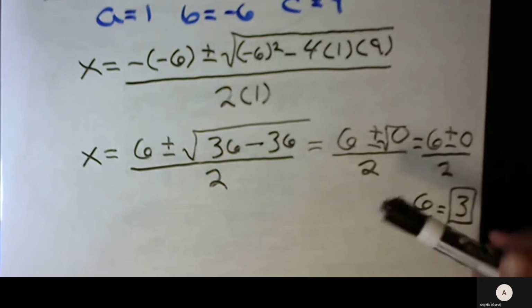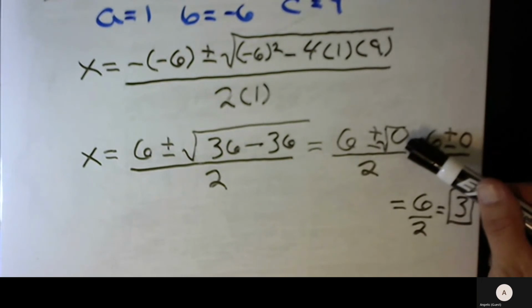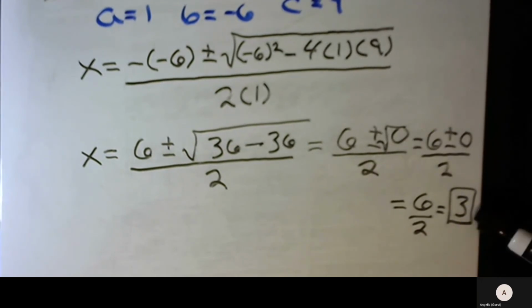But when that discriminant is 0, we're only going to get the one answer, and that's it. So questions about that?